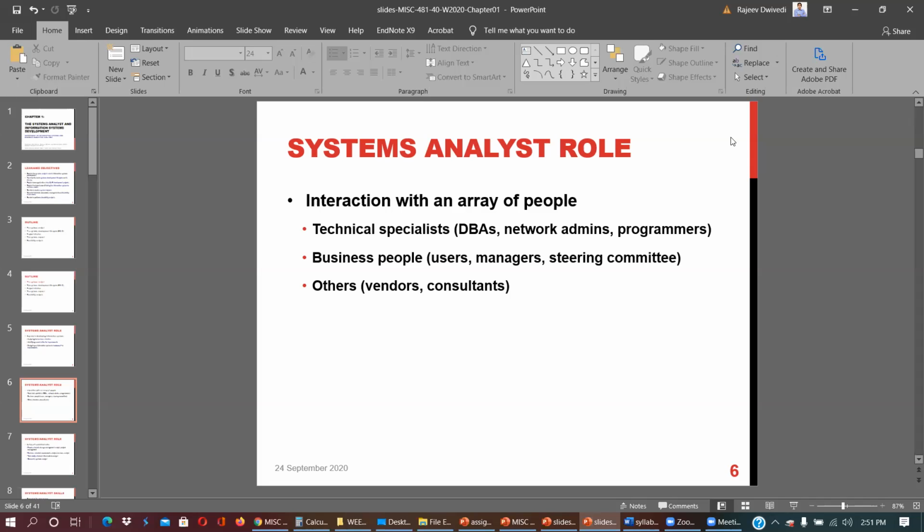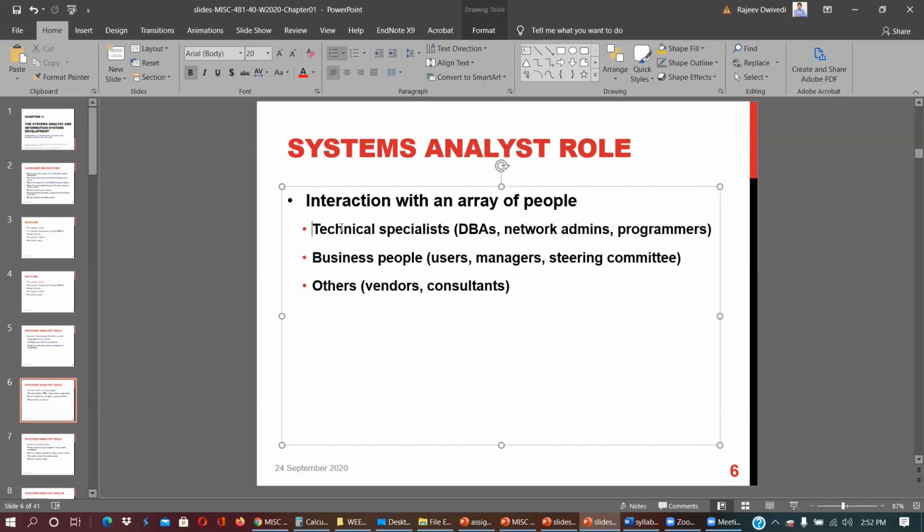So there's no proper harmony. It is quite challenging for an IT or system analyst to convince the finance person or business people in order to get the approval of the system and get the funding, time, and resources that are required for a system to be developed. So this is interaction with an array of people.